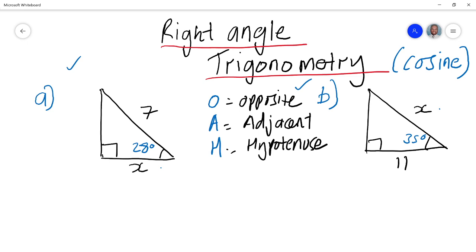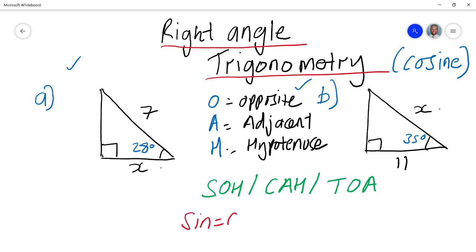The last thing that we did before was, in order for you to find the appropriate trigonometric ratio, you need to apply the SOHCAHTOA rule, which in a nutshell is SOH, CAH, and TOA. It states that sine is opposite over hypotenuse, cos is adjacent over hypotenuse, and tan is opposite over adjacent.